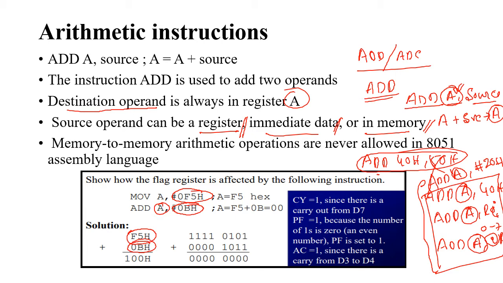Here F5 can be written in binary as 1111 0101 and 0B as 0000 1011. When you add these two numbers, you will get the result as 1 0000 0000. The content of the accumulator will be 0.